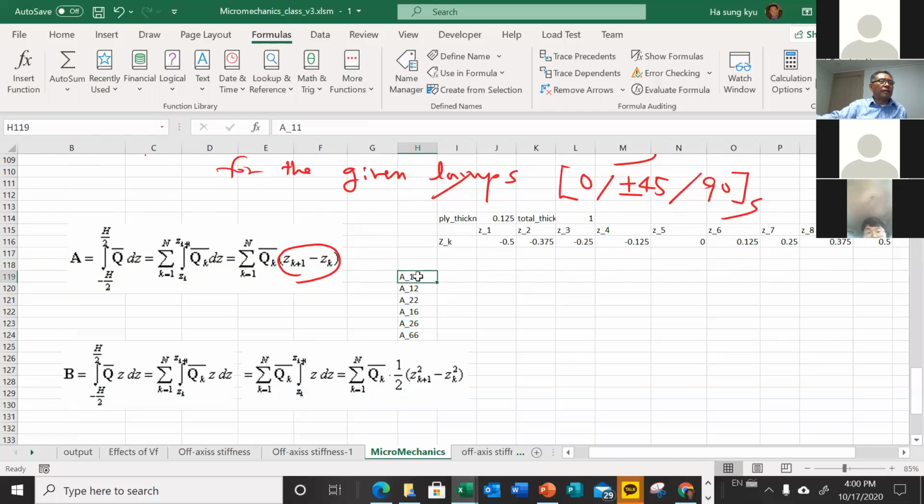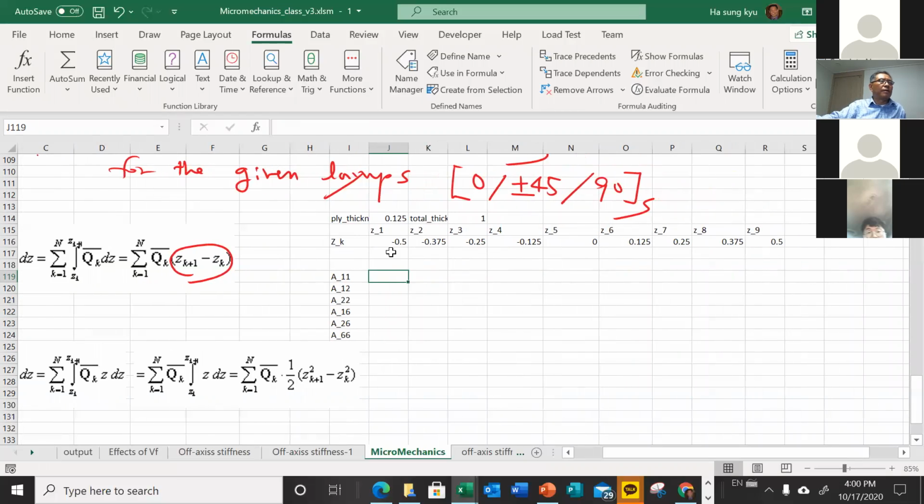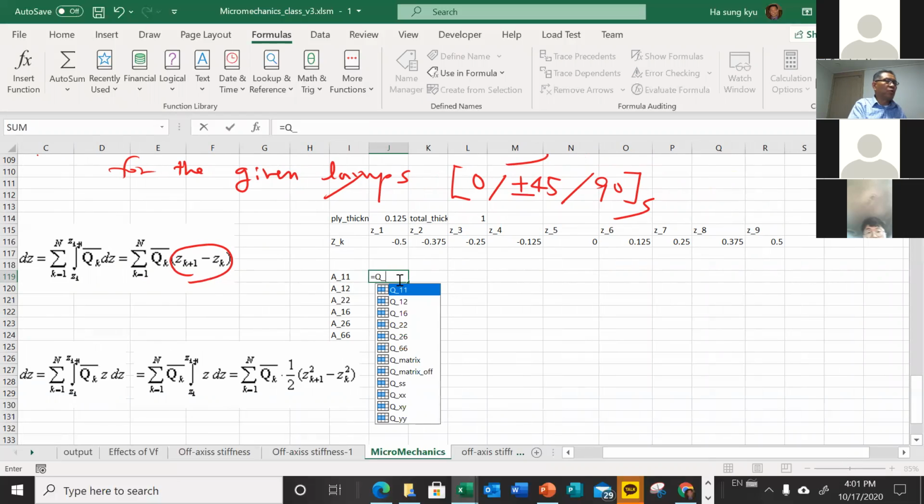And from these definitions, you will see this one will be Q. You already have a Q11, right?